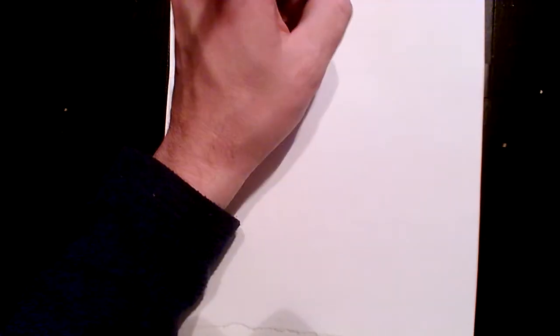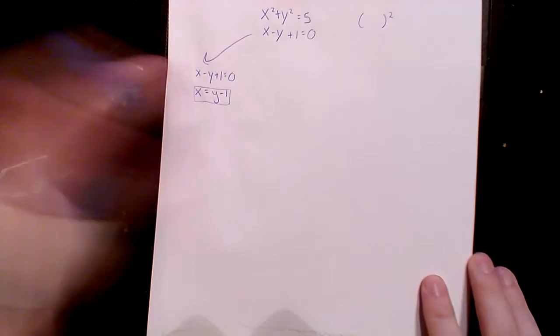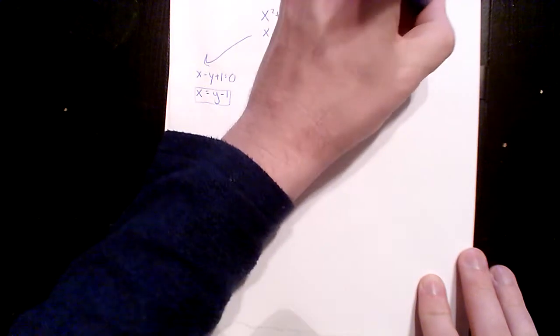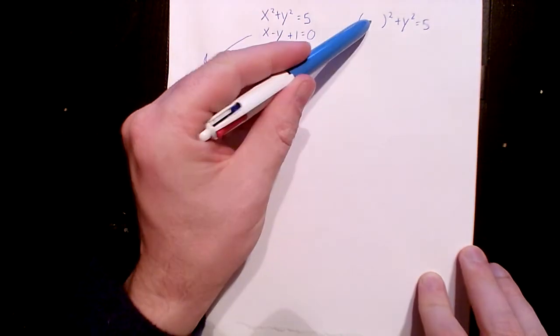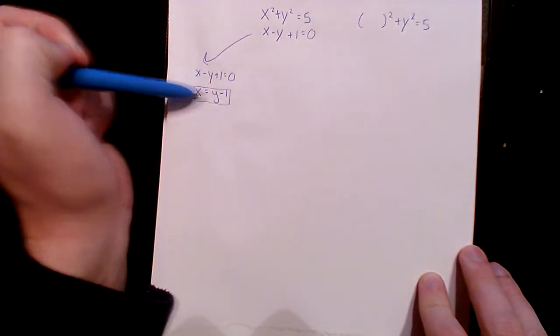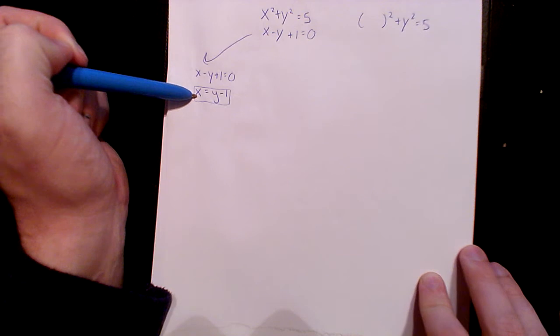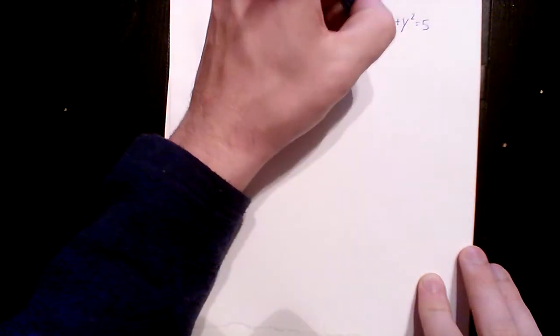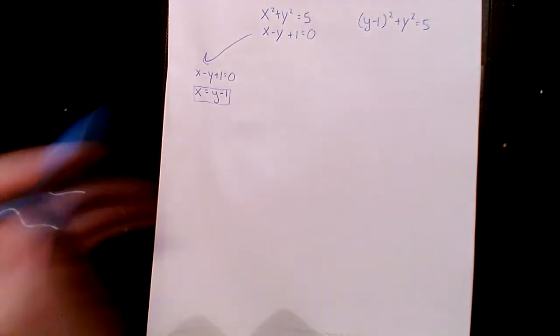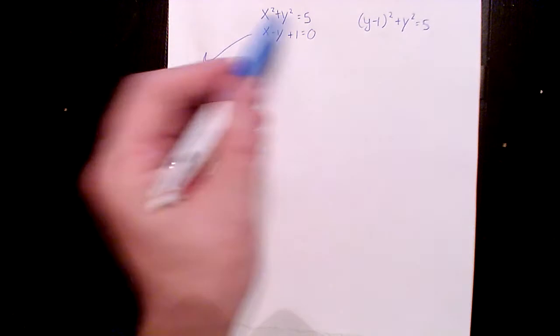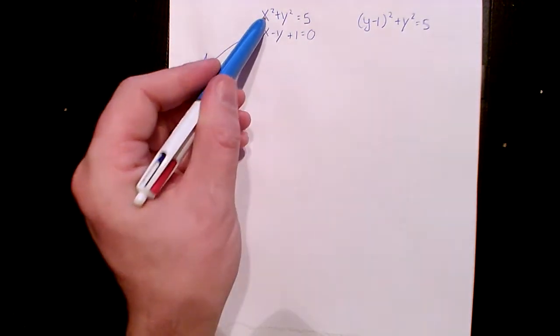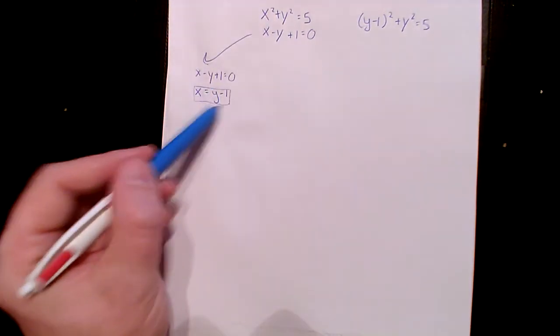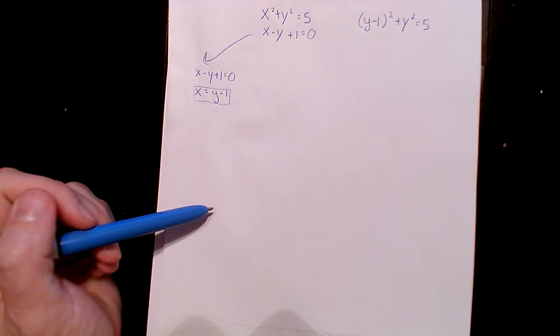So let's do it over here. I'm going to write this y squared equals 5, but instead of putting in the x, I'm going to put in the y minus 1 because that's the same as x. So this equation is the exact same as this one, except I've just substituted an x for a thing that's equal to x.